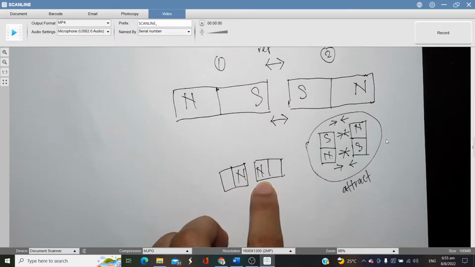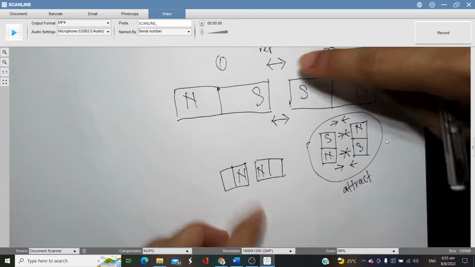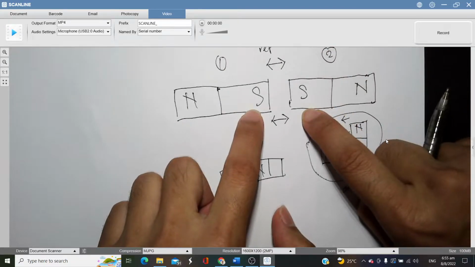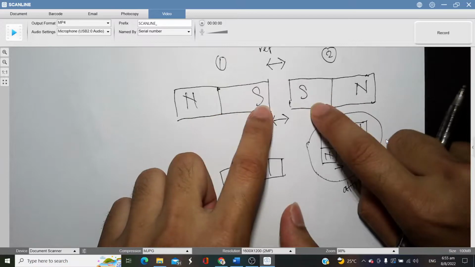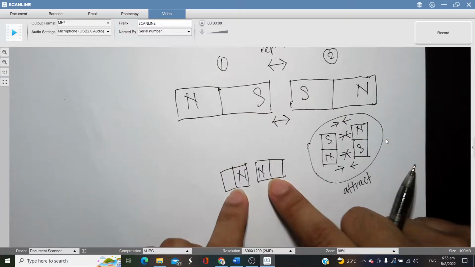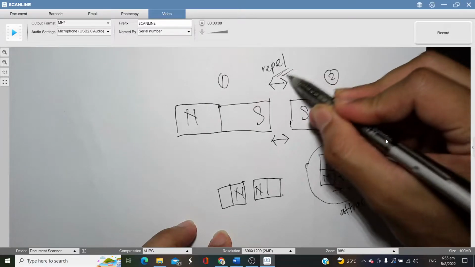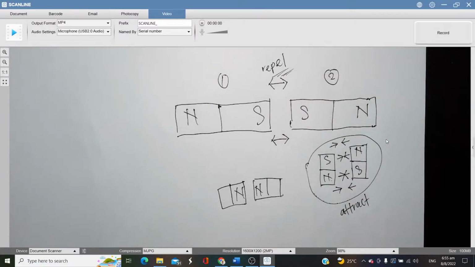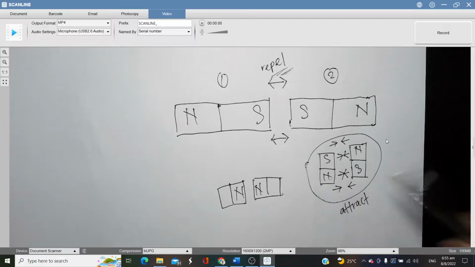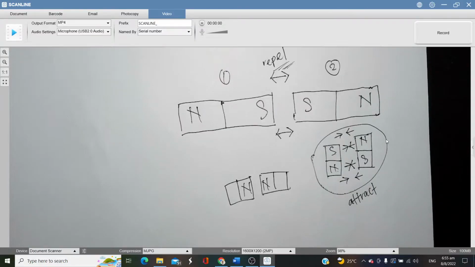North and north will also repel, like the top two magnets. South and south, and north and north, will repel. If they are opposite poles, south and north, they will attract.